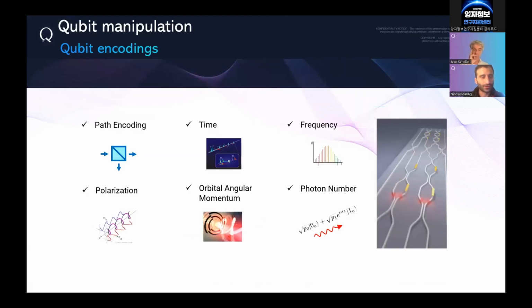And so qubit encoding, I think Arnaud already told you, but there are many ways to encode a qubit in a photon. So again, these degrees of freedom, we can use the frequency of the photon, the orbital angular momentum. A very famous encoding scheme is the polarization.